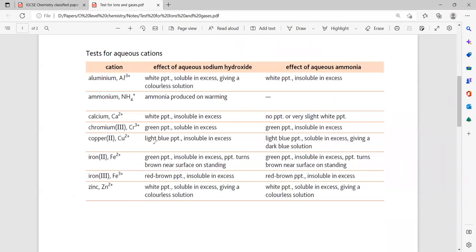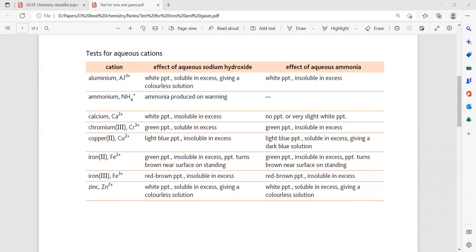So if we add sodium hydroxide, it will be a blue precipitate, but this does not dissolve. But if we add aqueous ammonia to a copper salt, or a salt which contains a copper ion, what will be the result? It will first form a blue precipitate, which will dissolve to give a dark blue solution.